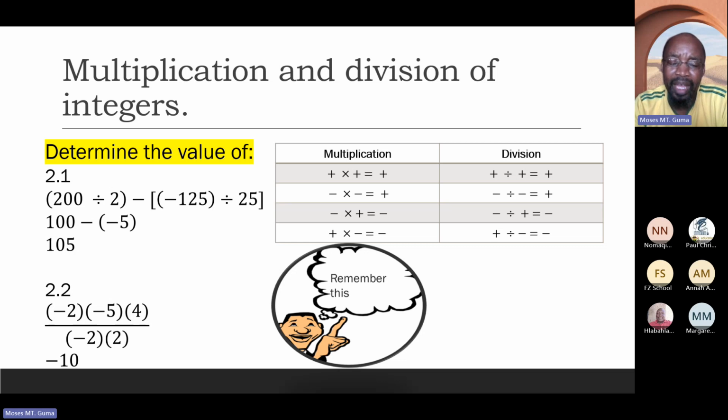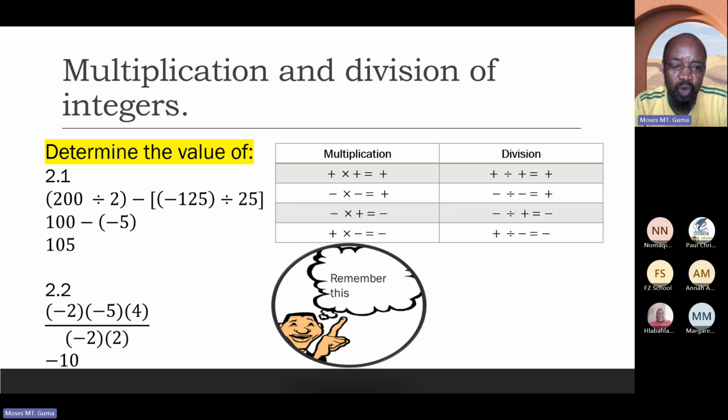It happens through division and multiplication. 200 divided by 2 is 100. Now the 100 must jump out of the bracket and wait for everyone there. We bring down that negative, because you still have to divide these. Now you see it's a negative divided by a positive there.